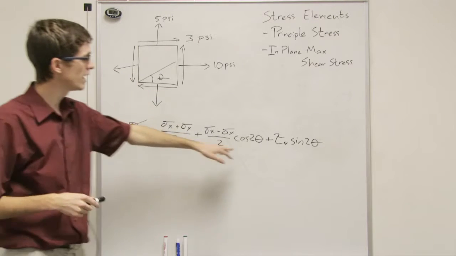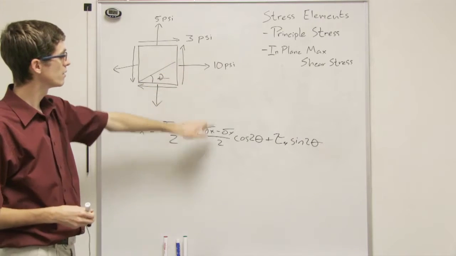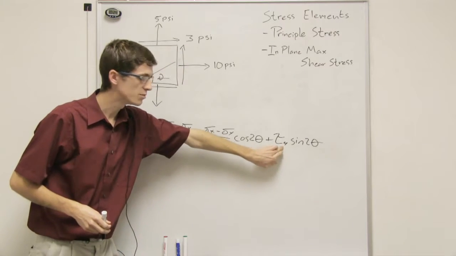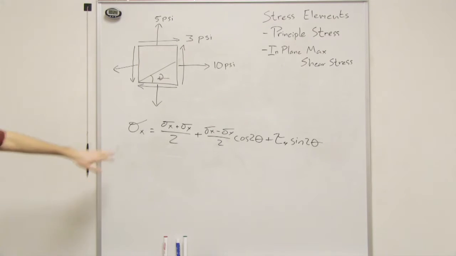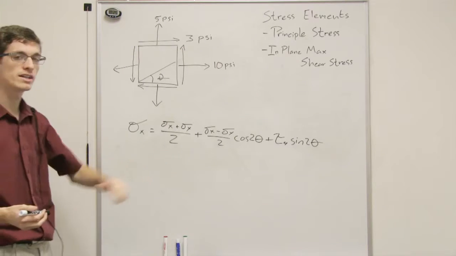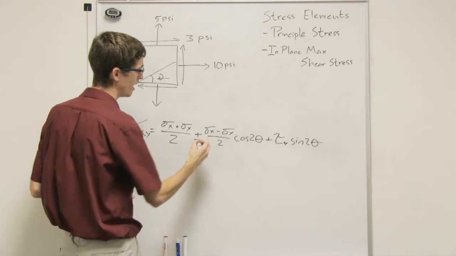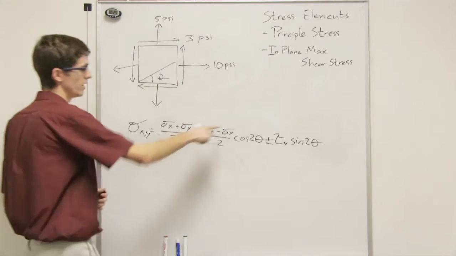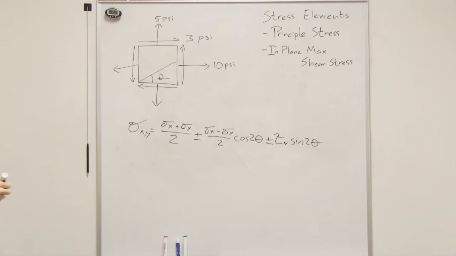We use this equation, rotating it theta degrees, and we plug in our old x and y components and our old shear component, which is 3 psi, and we find our new sigma x. And sigma y is the same equation, except that you have minuses here and here. So pluses to find sigma x, and minuses to find sigma y, and that gives you your new sigma x and y components.